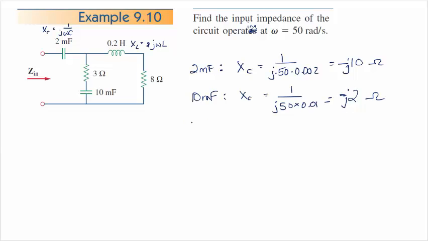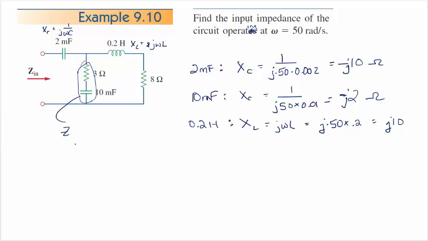And then the inductor, 0.2 henries. We get a reactance from the inductor, and it is j omega L, so it equals j times 50 times 0.2, which equals j10. Now, this leg right here actually has a total impedance, which I'll call Z2.